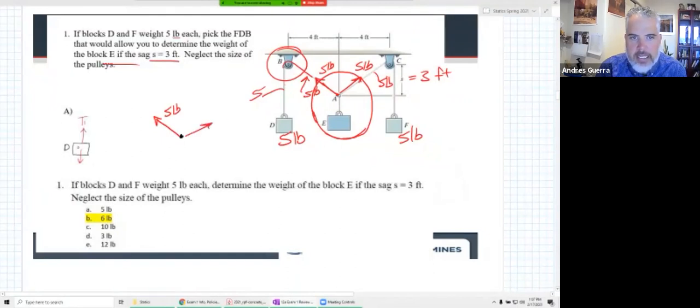Correct FBDs in statics are such that they have all the known values shown with their value on there. That 5 pounds, 5 pounds, we have a W here at E, and it also includes all the geometry as well. So this right here, that would be a 3, 4, 5.